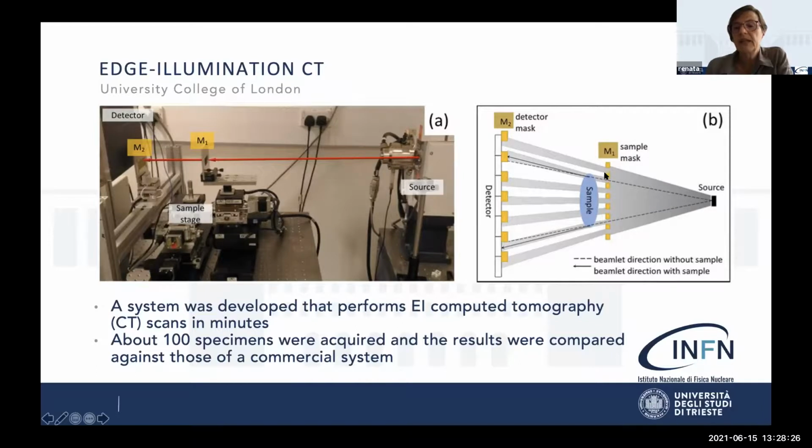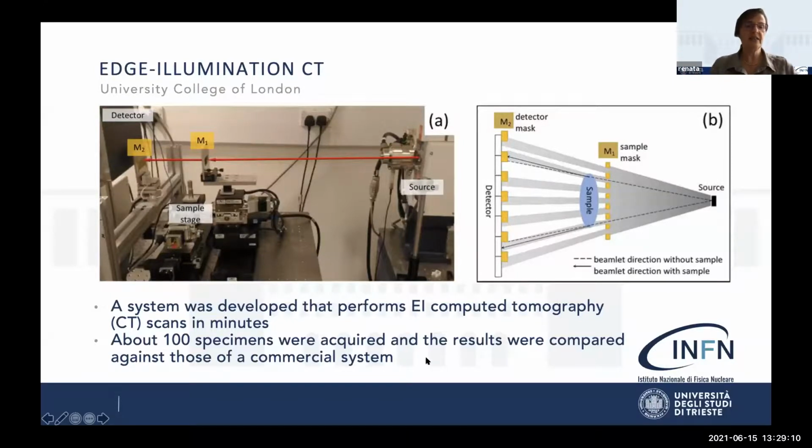We need a sample mask and a detector mask, because the idea is that the beam has to arrive on the detector at the edge of the mask. So the beam must be a little bit up on the detector and a little bit on the mask, in order to be able to detect the refraction of the beam due to the presence of the sample. You see the dimension of this setup is of the order of 1 meter. So it's a large but not very large system.